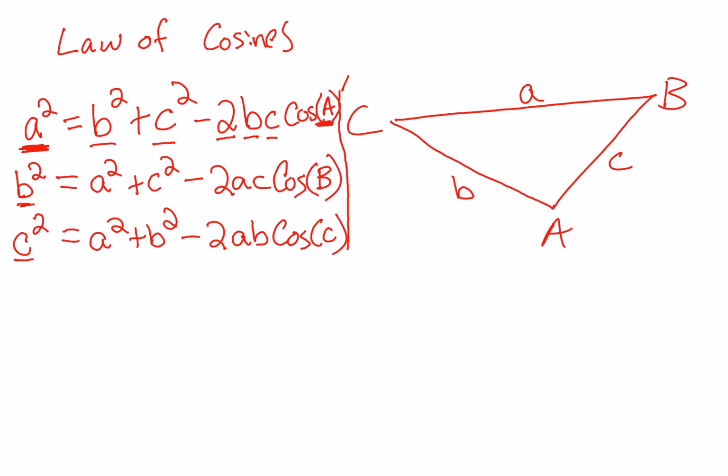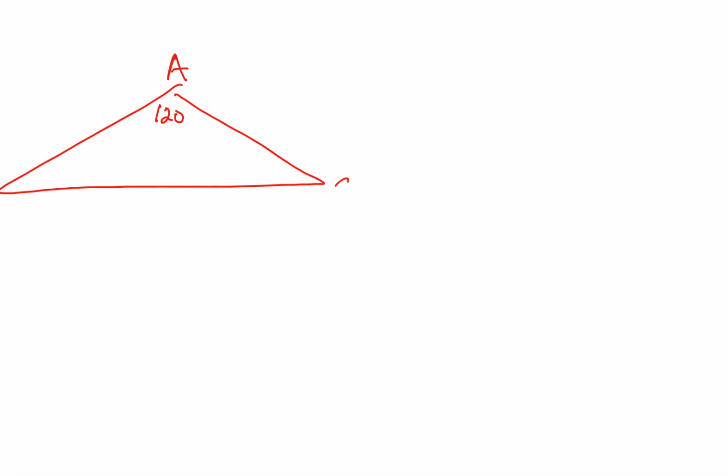So let's look at some problems with law of cosines. Suppose we have another triangle here, so draw yourself a triangle. I'm going to call this angle up top 120. Here we can label it too if you want for this first one. A, C, and B. This is little a. This is 9.